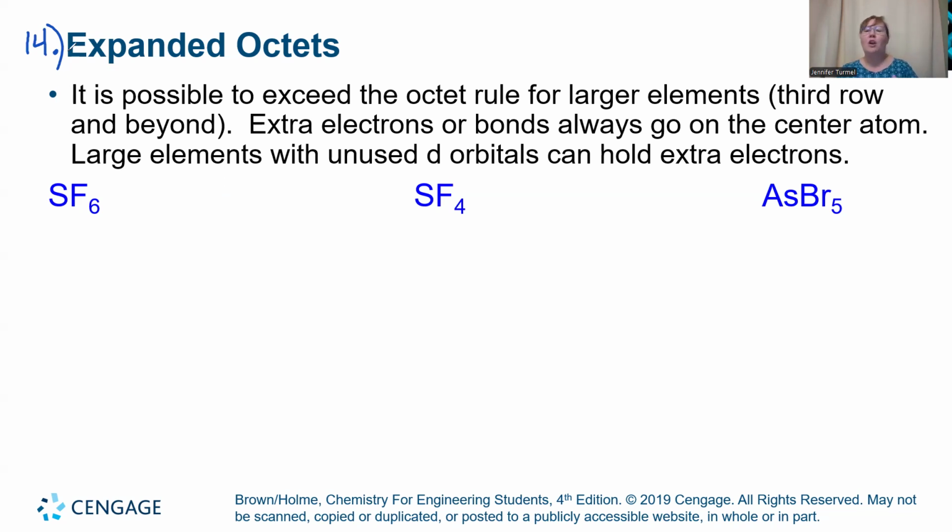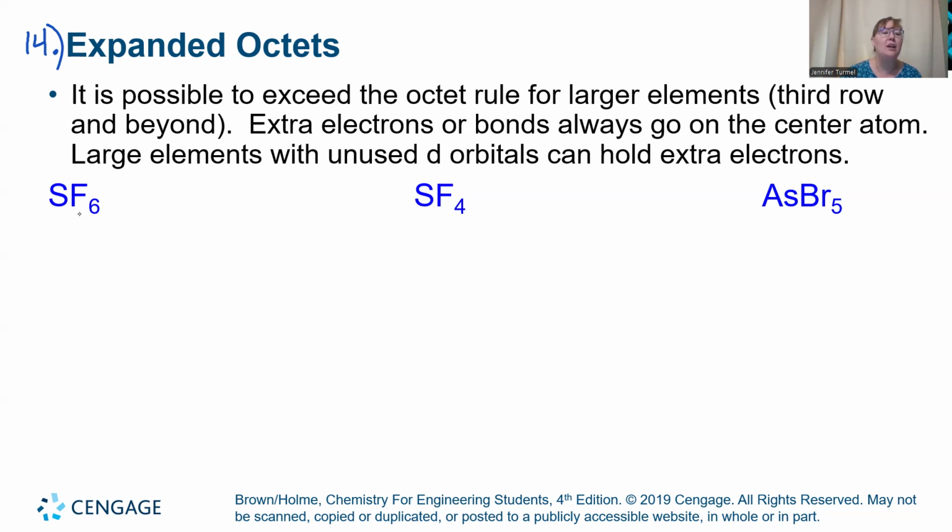So for our non-metals, we can sometimes expand their octet so they can have more than 8 electrons. But again, they have to be larger elements: n equal to 3 or bigger.